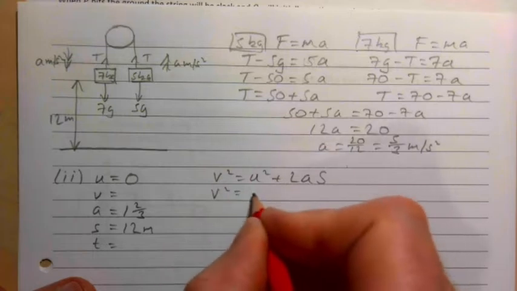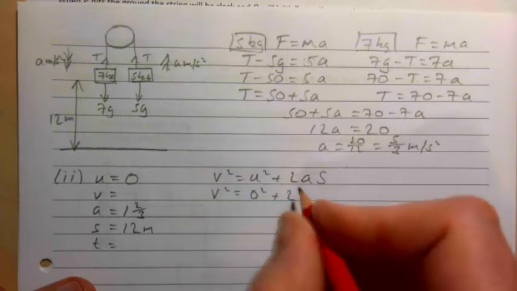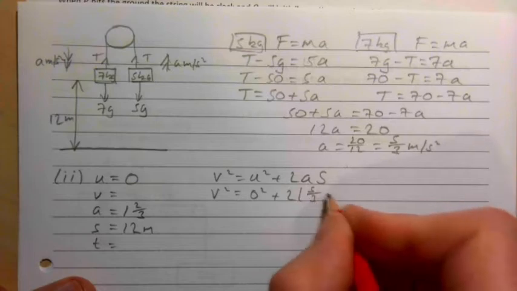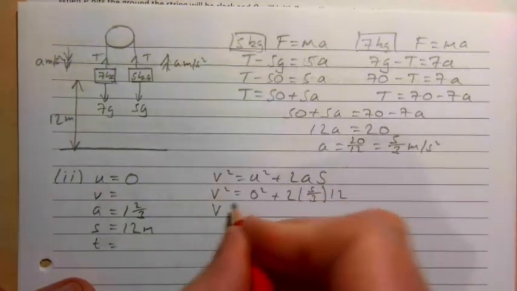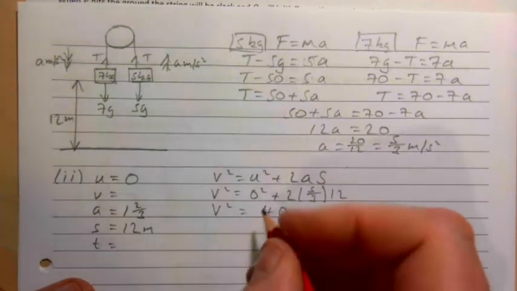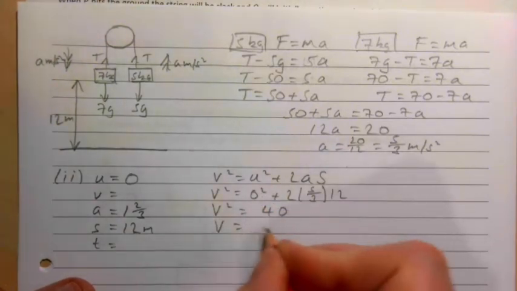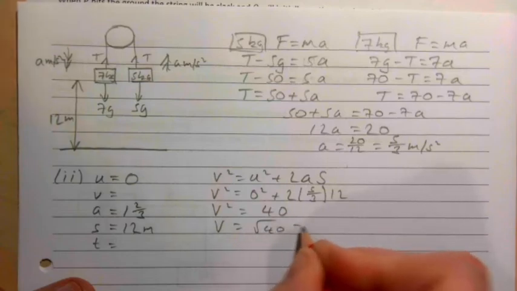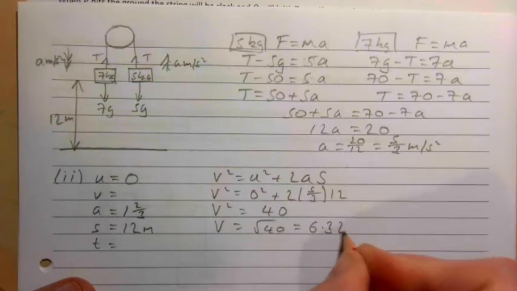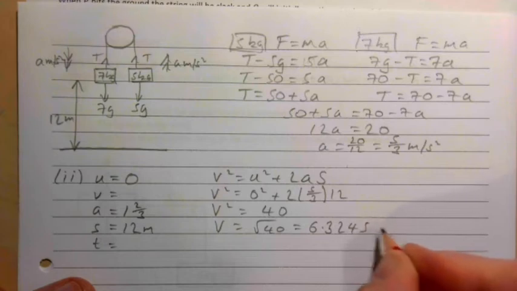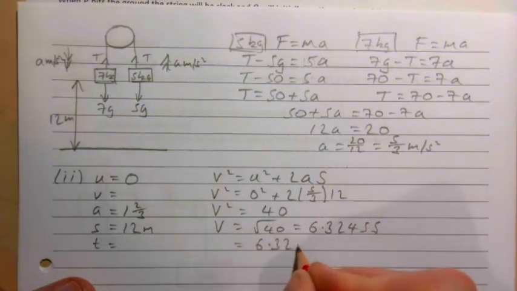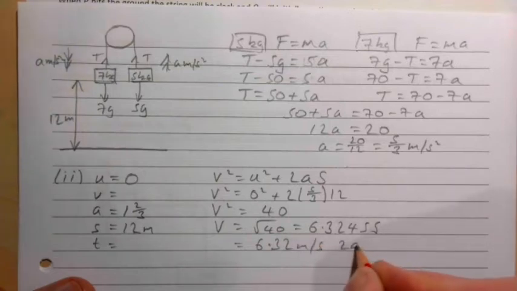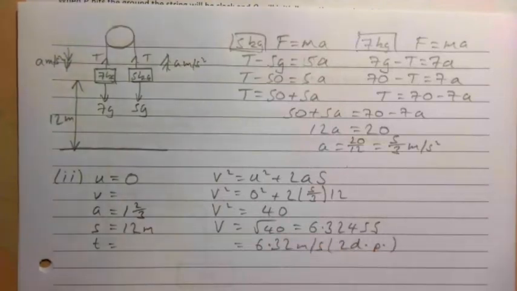V squared equals 0 squared plus 2 times 5 over 3 times 12. That means V squared equals 40, and V then is root 40, which is 6.3245 or 6.32 meters per second to 2 decimal places. Part 3.